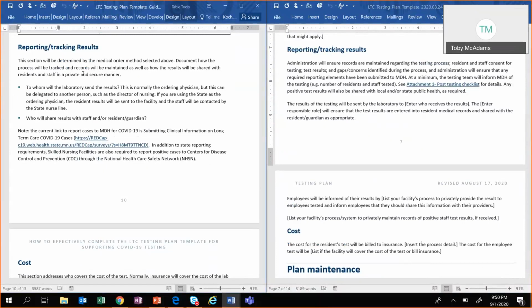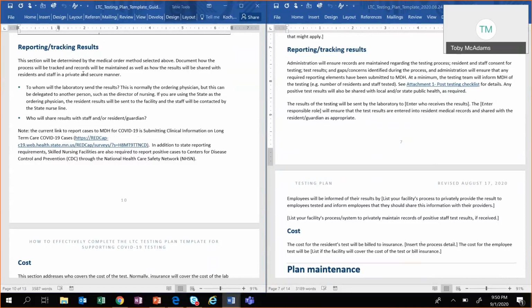If you recall back in attachment 1 for that testing team lead, we talked about reporting, and that would be a great time to review that again and look at what are some thoughts to consider. Now, in addition to just reporting to the state and federal partners, you'll want to be thinking about, what are my reporting processes internally?